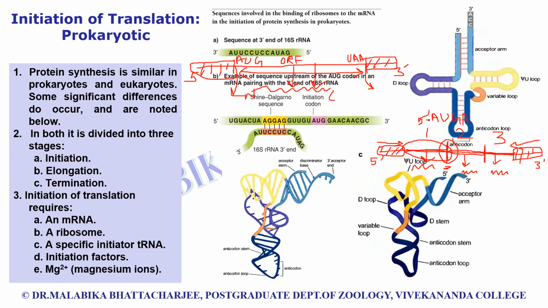So it's 5 prime, A, U, G, A, 3 prime. So whenever the ribosome is coming to this particular area, this junction point, it is reading a sequence like this.